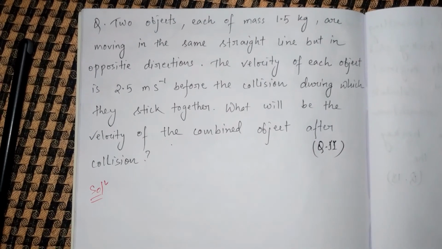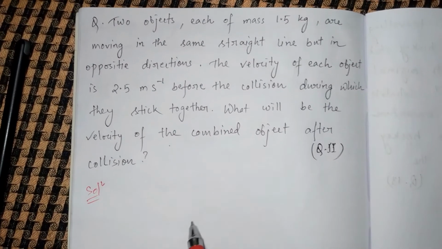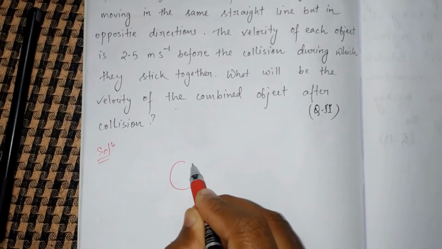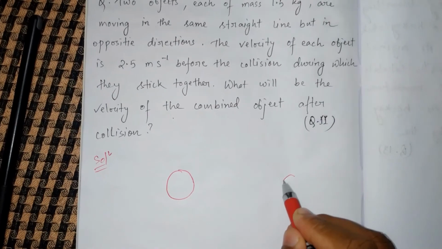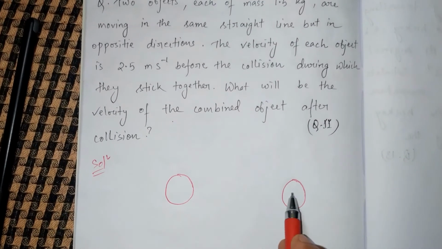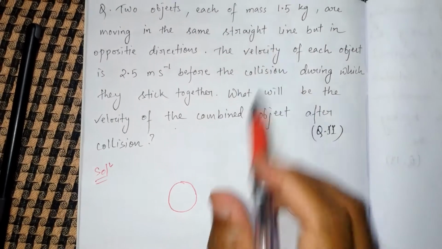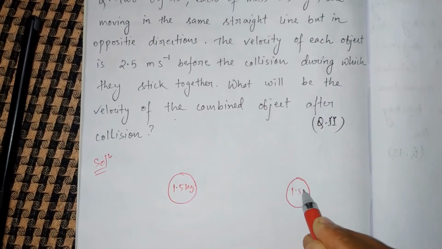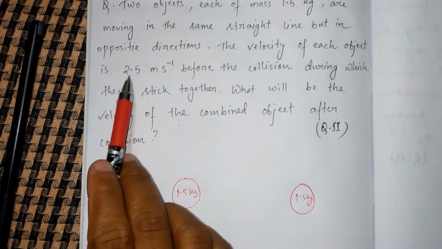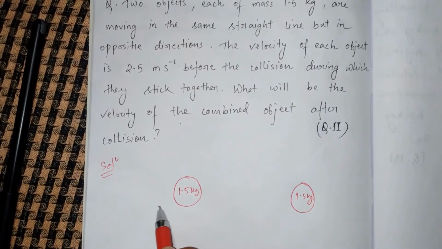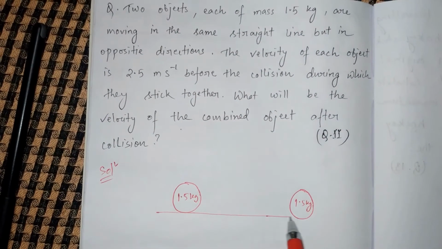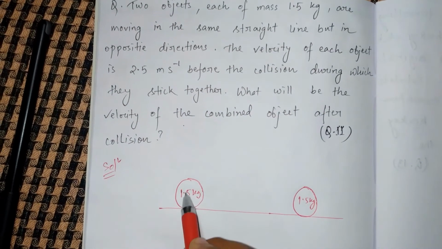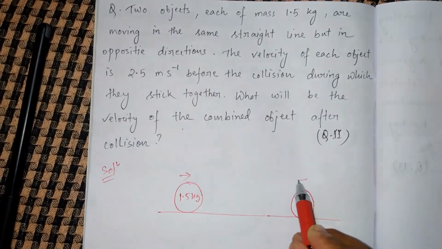So for that there are two objects I'm drawing here. Suppose I'm drawing two objects, and each of mass how much? 1.5 kg are moving in the same straight line. So this is the line, but in opposite direction. So if this one is moving by this side, this will be moving by this way.